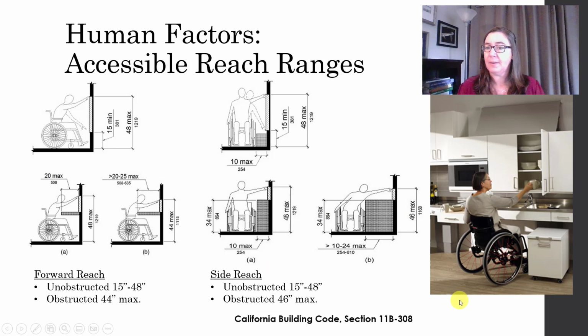And we've got an illustration here of somebody demonstrating a forward reach. You can see that the heights are different than the last slide. In general, both forward and side, the best reach ranges are from 15 to 48 inches above the floor.